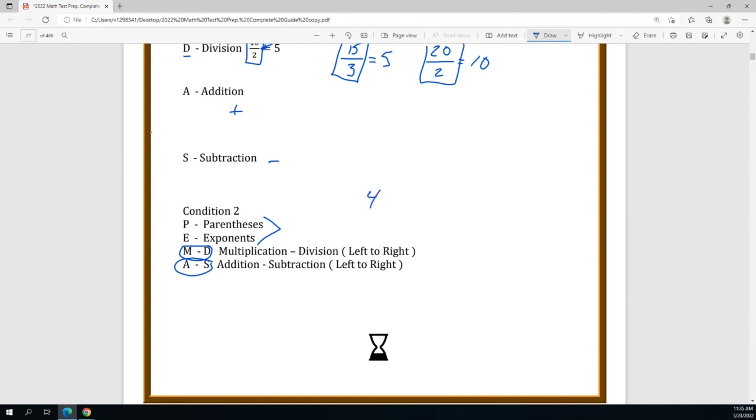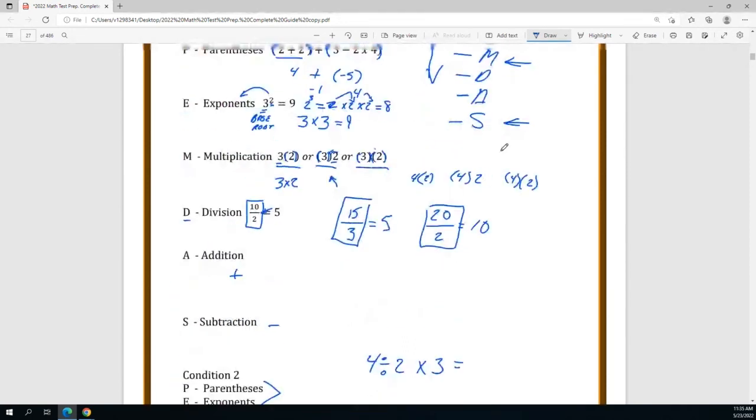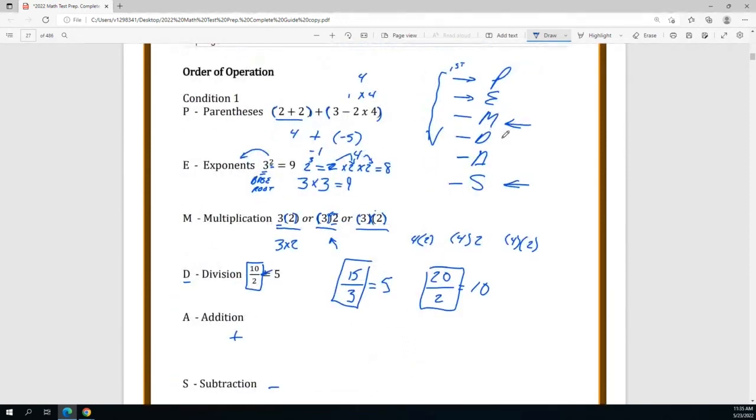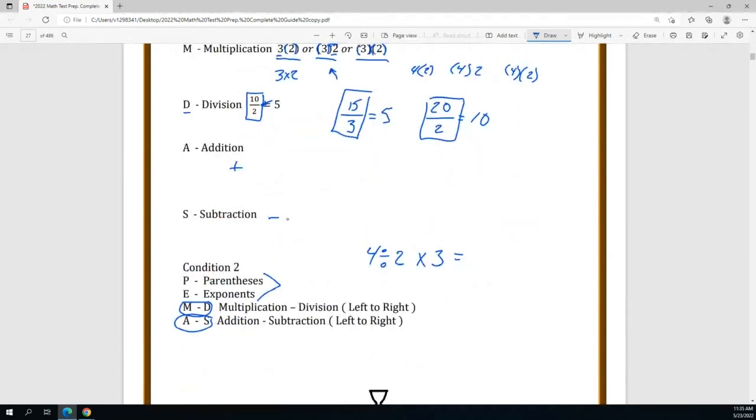And what that means is it doesn't matter which one comes first. For instance, if I showed you this, you would say, well, Baron, doesn't multiplication come before addition? So I should multiply 2 times 3 first?